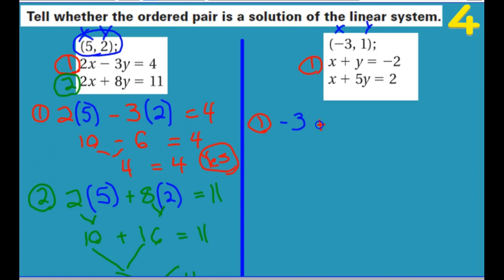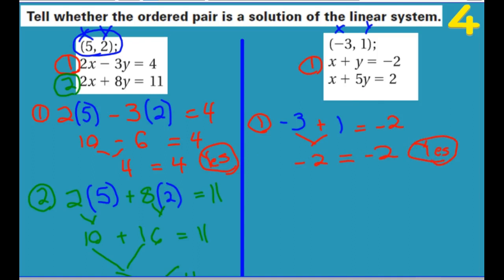We have -3 plus our 1, which is our y, equals -2. Well, -3 plus 1 gives us -2, and -2 equals -2. So this one works. This one is yes.